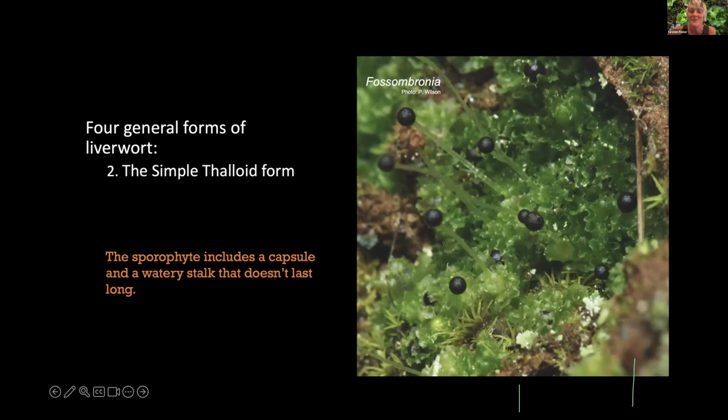This is true of all the liverworts, but particularly the simple thalloids: their sporophytes are very ephemeral and don't last more than a day or two. They're very short-lived. They just kind of deliquesce. And so that's these guys. This is Fossombronia. I think this is the one that's behind me in this photograph too. They're really cute. They look like little heads of romaine lettuce, but super tiny.